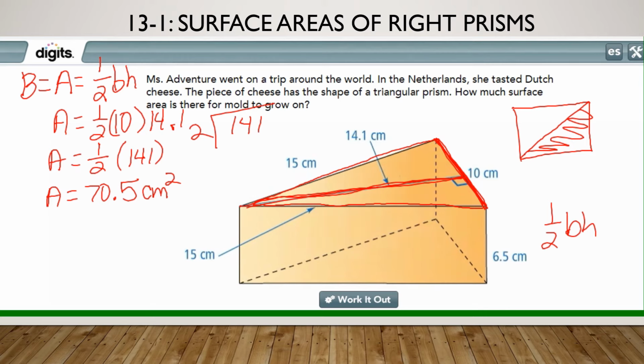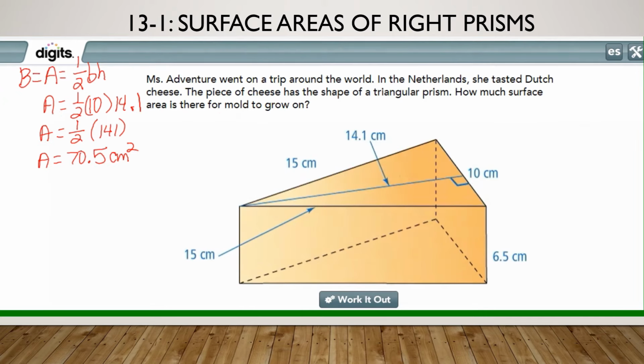Now we have to find the lateral area. The formula for lateral area of a prism is lateral area equals perimeter of the base times the height of the prism. Now we have to figure out the perimeter of the base. So if we look here, think about the dimensions of this.